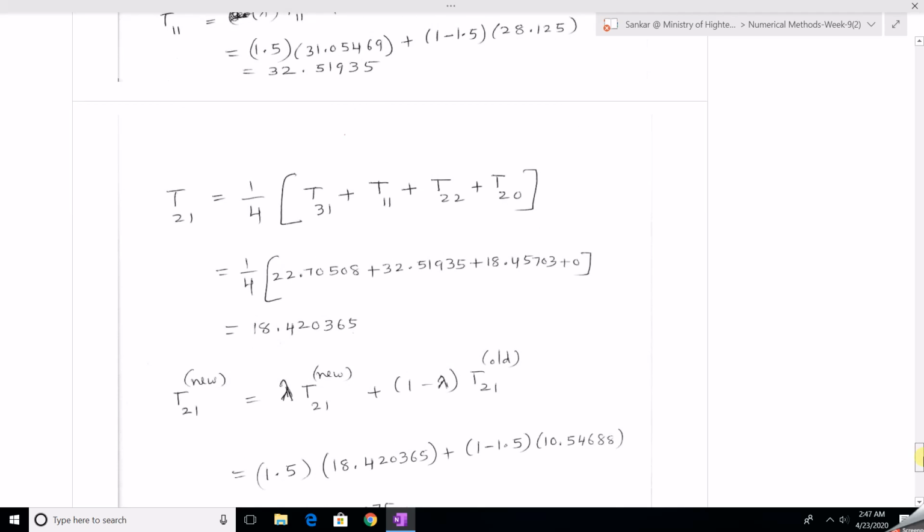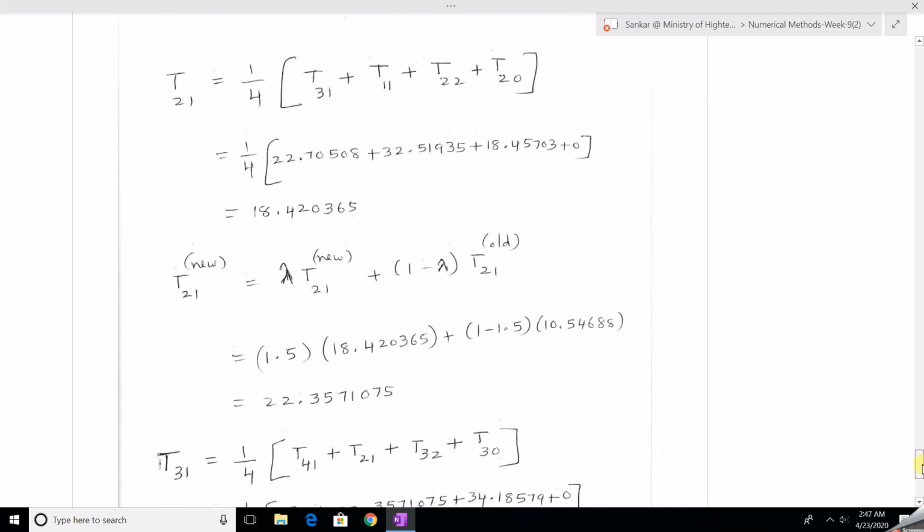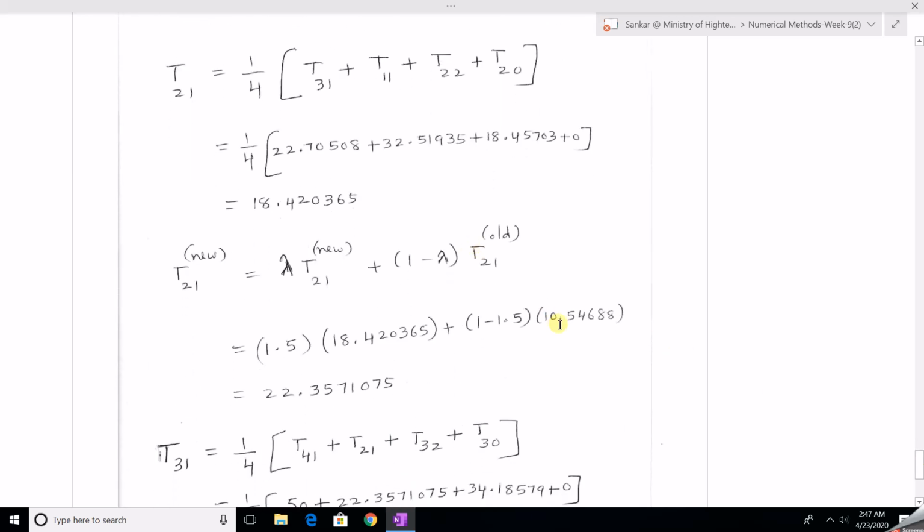So we keep that one, and simplify. You will be getting T21, the better approximation of T21 after the second iteration, which is 22.357107.